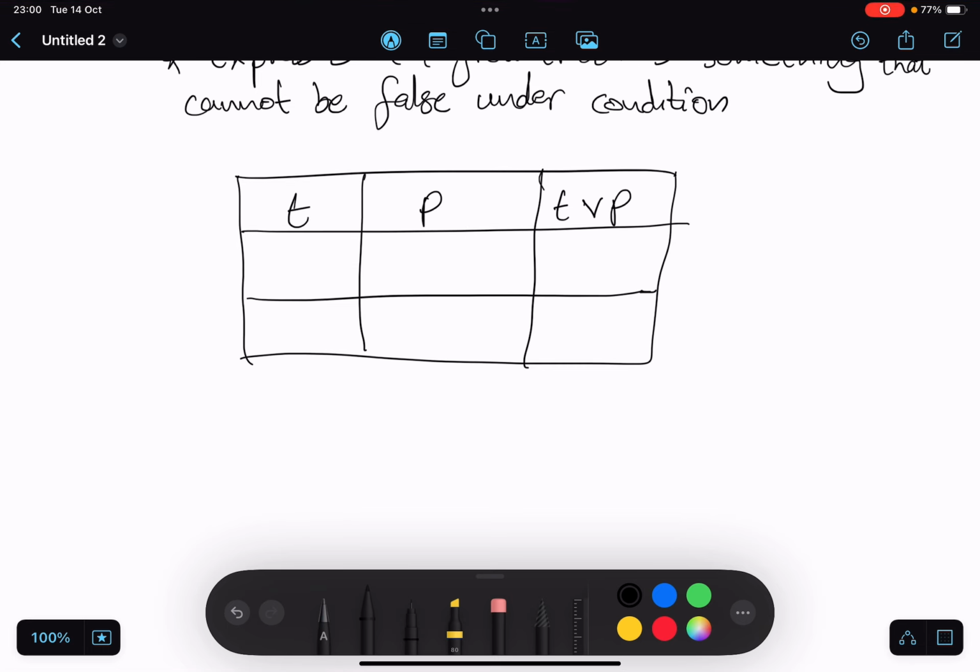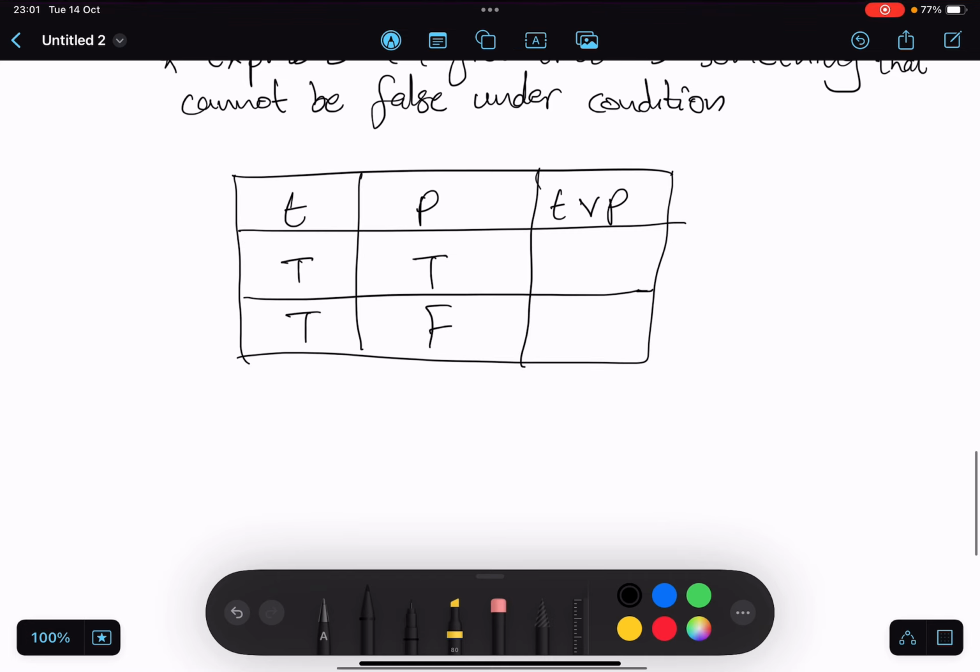With the tautological statement, we know that it's always true, but the proposition can be true or false, isn't it? So remember, we are using the disjunction operator, and the disjunction operator is always true when at least one of the statements is true. So here we have both statements true, which is going to be true, right? And then in the second one, at least one of the statements is true, which means this is going to be true also.